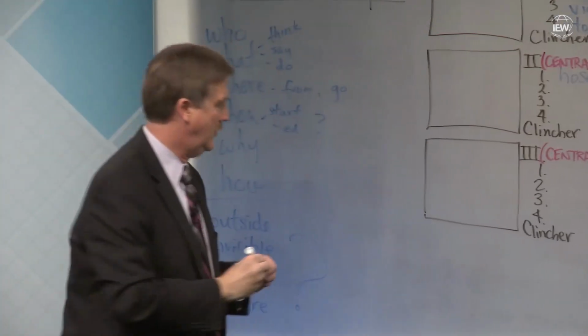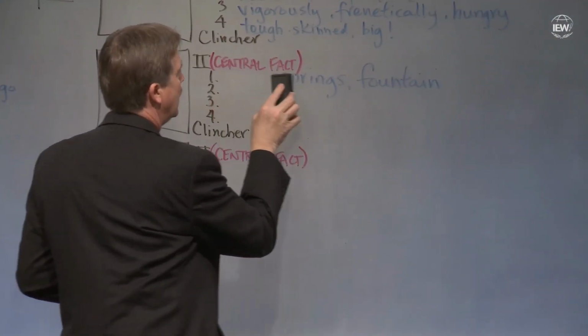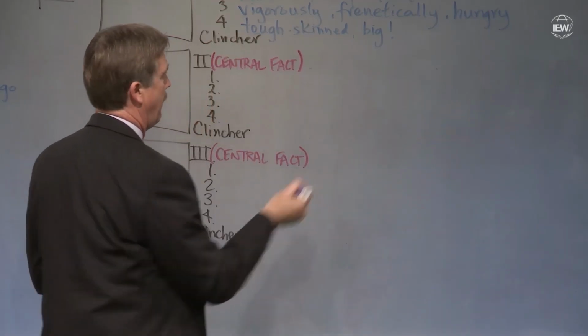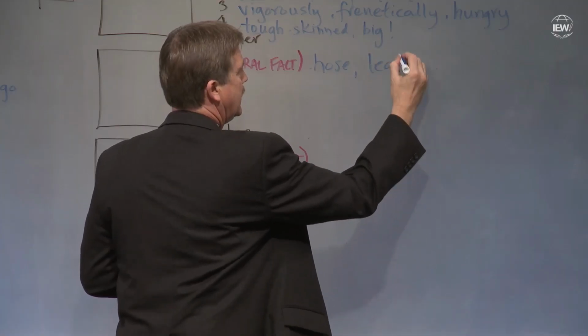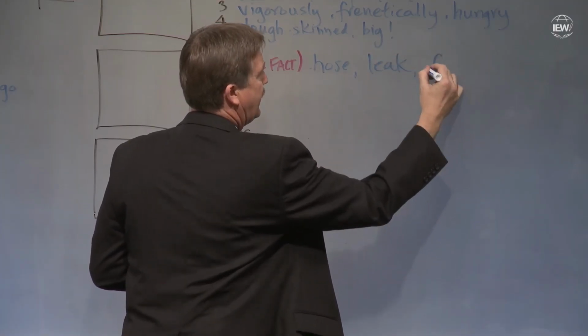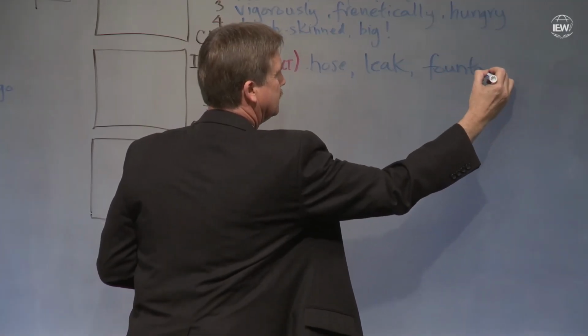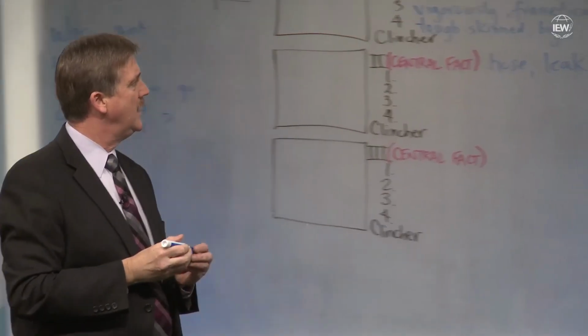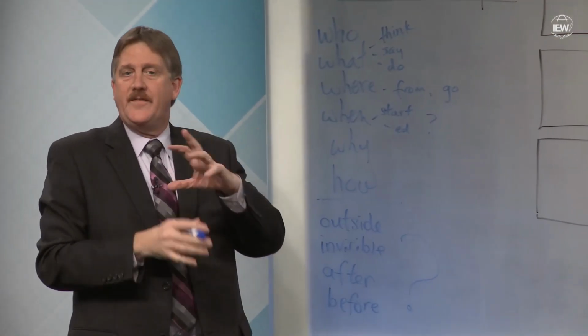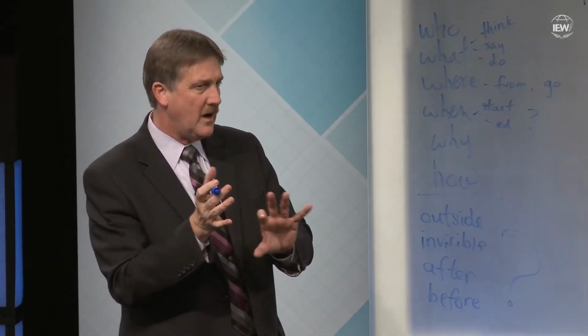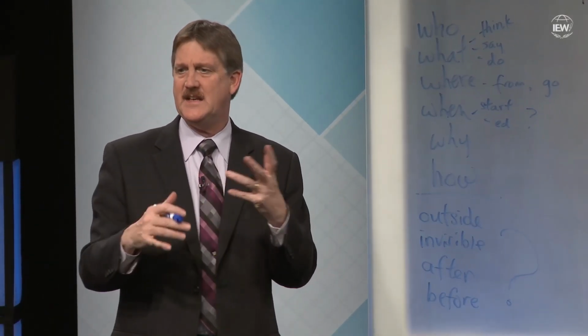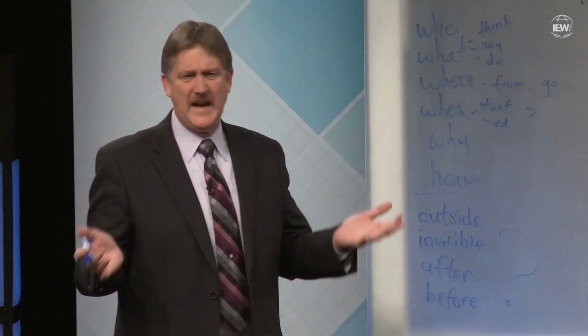All right, so, oh, I put that in the wrong place. Hose springs a leak with a big fountain of water. Okay, so that's a central fact. Now we've got to kind of describe what happened just before, what's going on in his mind, or what's behind the scenes, or what can we say about that?